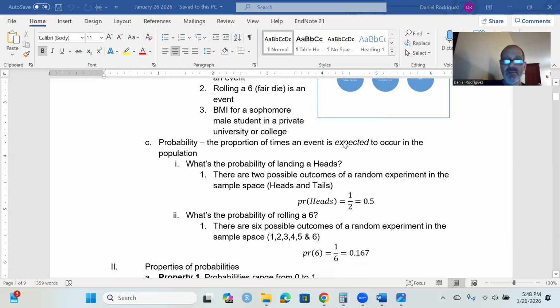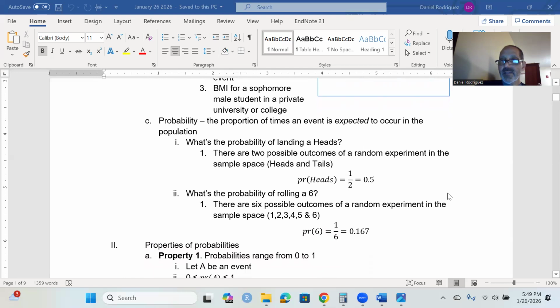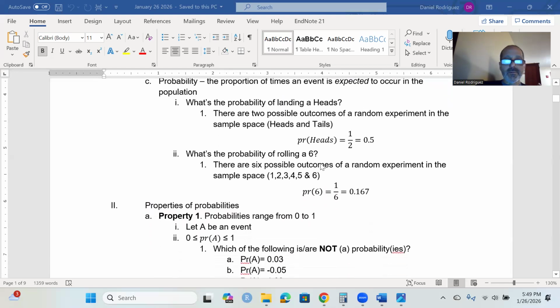Probability itself represents the proportion of times an event is expected to occur in the population. Okay, so what's the probability of landing heads? There are two possible outcomes of a random experiment in the sample space, heads or tails. So the probability of heads would be, since there are two possible outcomes, one of the two, it's 0.5. What's the probability of rolling a six?